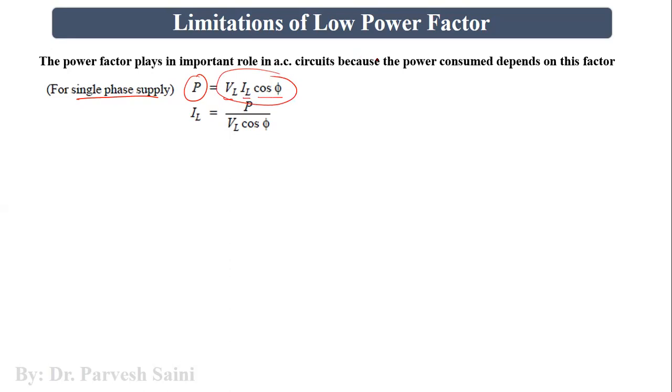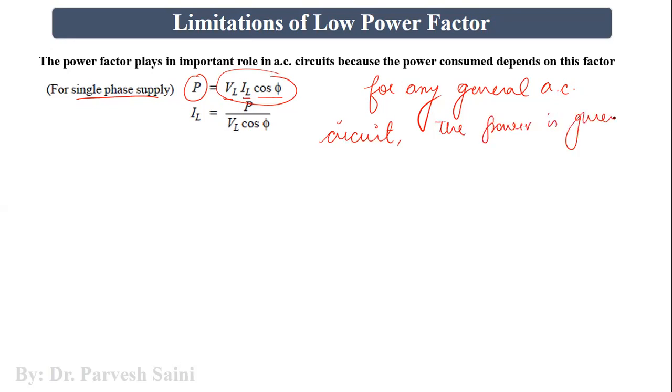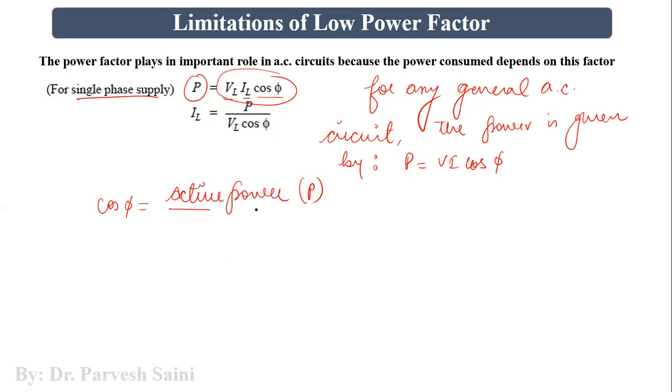So for any general AC circuit, the power is given by P = VI cos phi, or you can say cos phi is equal to the active power, which is nothing but P, over the apparent power, which is nothing but VI.